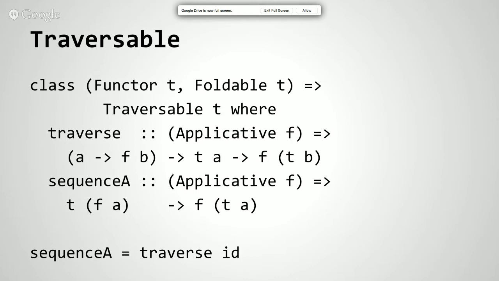We also have sequenceA, which is the analog of monad's sequence. That's traverse id, and that takes a t of f a and turns it into an f of t a. So that's a way of commuting your two type constructors. Wait, I don't understand how traverse id makes sense when the types don't match up.